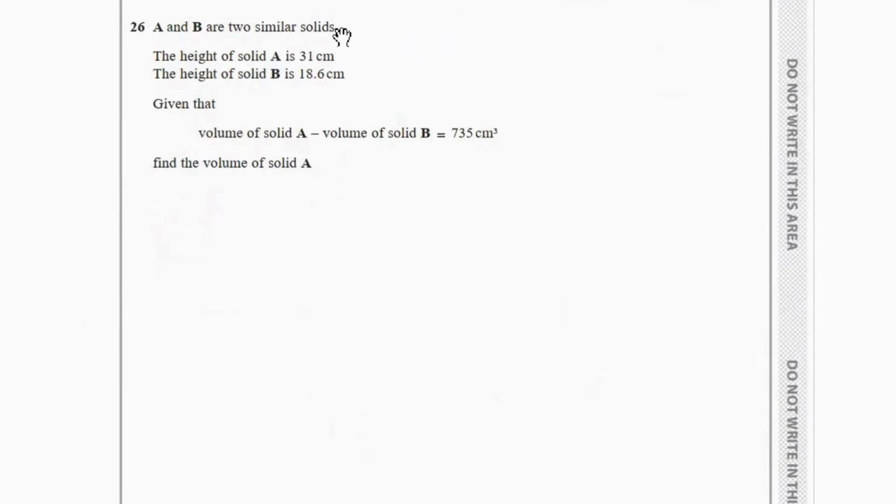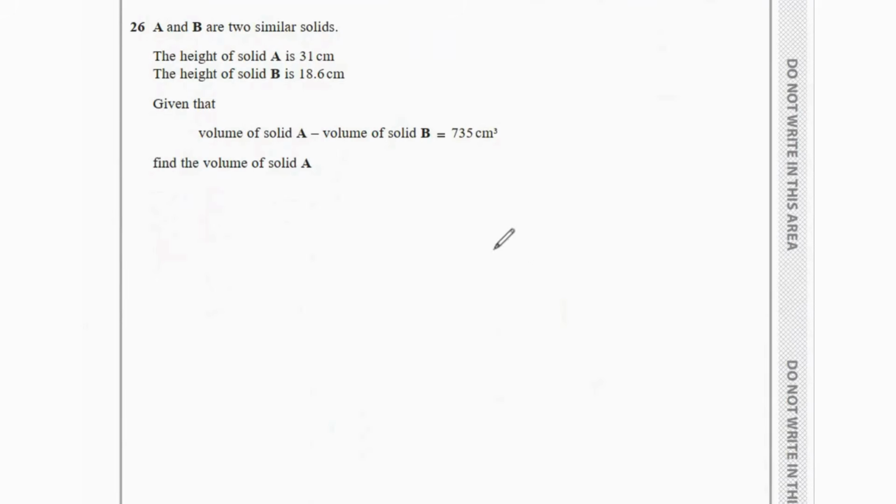The next is a question on similar solids, but using volume. So it says that A and B are two similar solids. The height of solid A is 31 centimeters and the height of solid B is 18.6 centimeters.